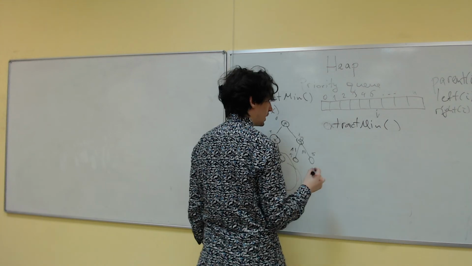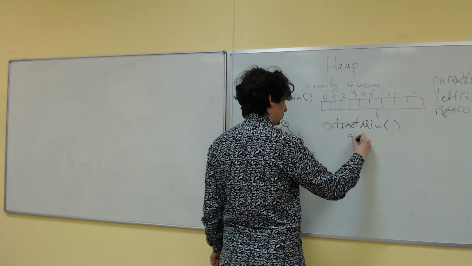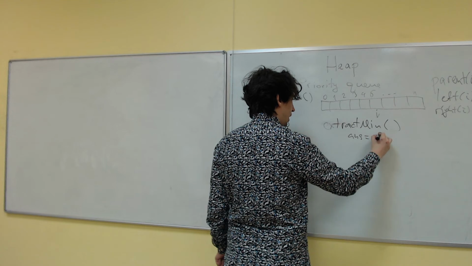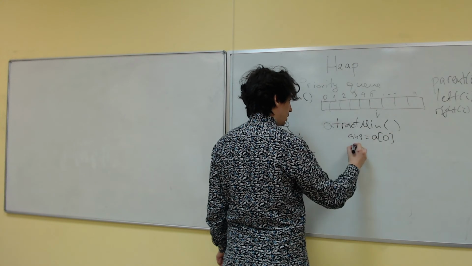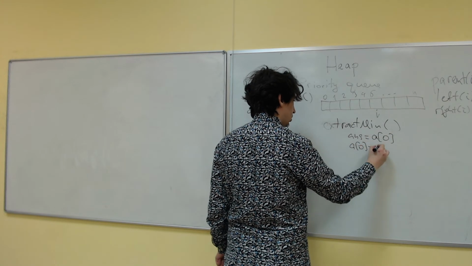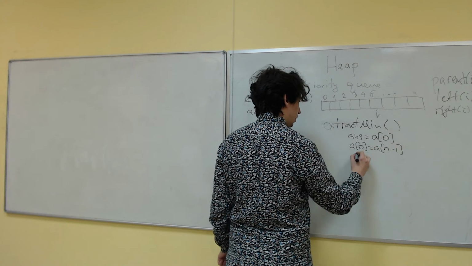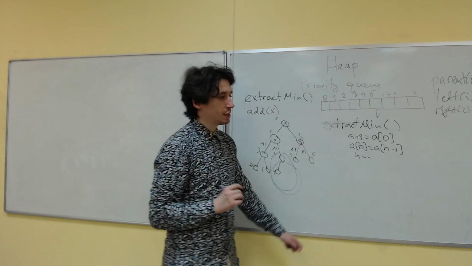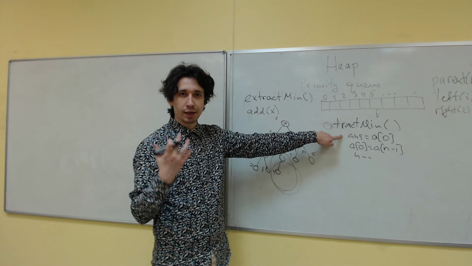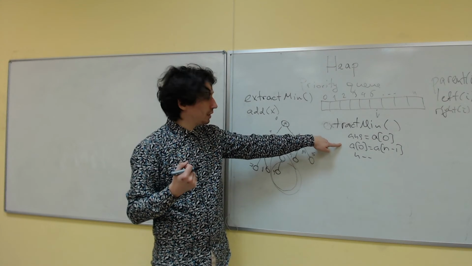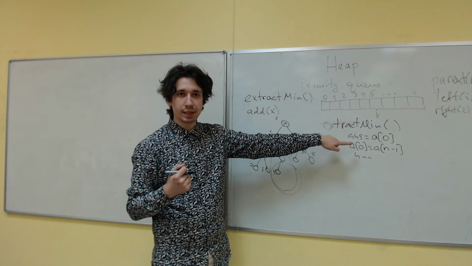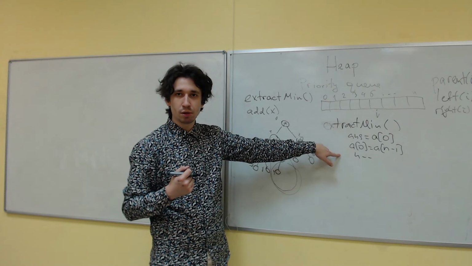Okay, so we take the answer as a[0], and we say a[0] equals a[n minus 1], and n minus minus. So we take the answer which was in the root, we replace the root with the last element, and we reduce the size of the array.